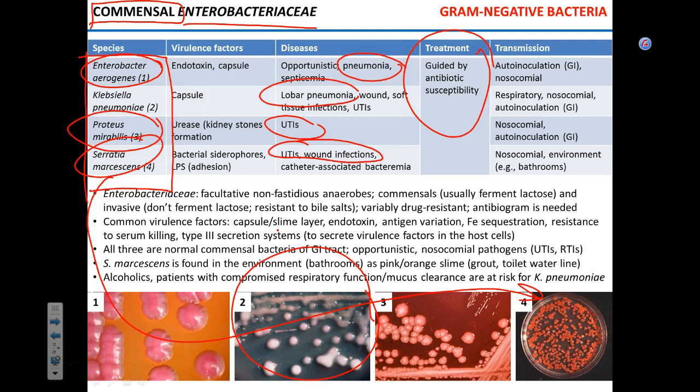So they will identify those microorganisms, and they will determine their sensitivity to antibiotics. So when the patient has, I don't know, a UTI caused by Serratia, they know exactly what to use for treatment and what not to use because it's going to be inefficient. Okay, this is why I mentioned guided by antibiotic susceptibility.